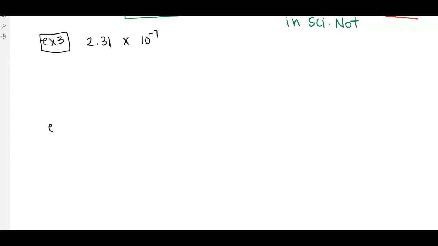All right. Try that one, and then I want you to also try this next one. So try both of those. So write these in standard notation.